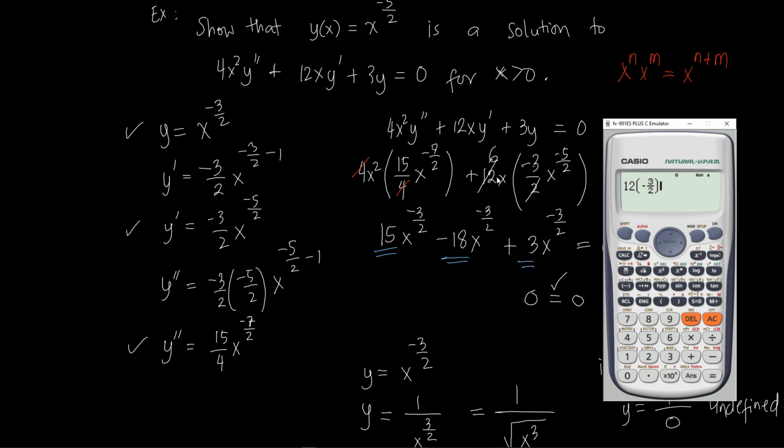Di ba, meron tayong 12 tapos 3 halves. Ito yung numerical coefficient niya, numerical coefficient din niya. So, multiply natin, magiging negative 18. Kung manually, 12 divide 2 yan. So, magiging 6. And then 6 times 3, that is 18. So, same lang din yung result.